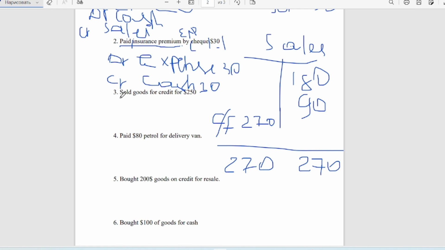And the next one is sold goods for credit for 250. As I mentioned in part 3 of this video, when we sell something for credit, it will be receivable for us instead of cash.